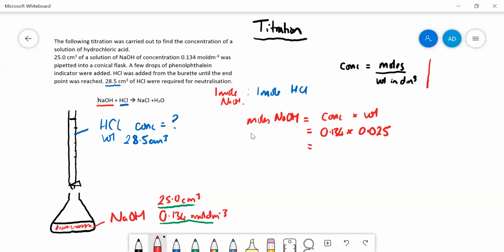To do that in a calculator, the calculator will leave it in standard form, 3.35 times 10 to the minus 3 moles. So therefore the moles of HCl is the same as that, because they react in a 1-to-1 ratio.